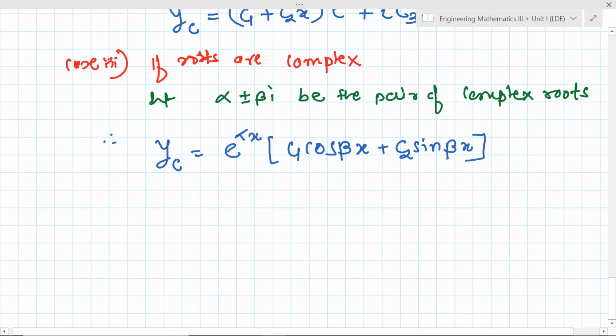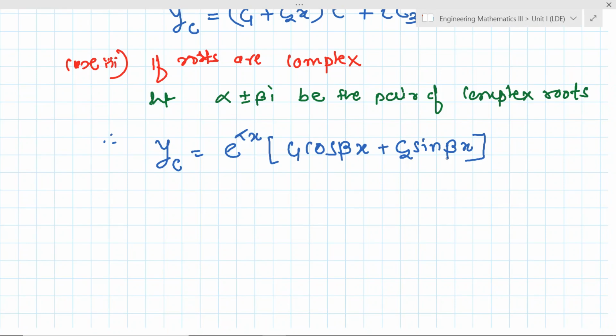That's it. You just have to replace the values of alpha and beta only. Just keep in mind this, yc is equal to e raised to alpha x (c1 cos beta x plus c2 sin beta x), and replace the values of alpha and beta in those places. So that is the complementary function.